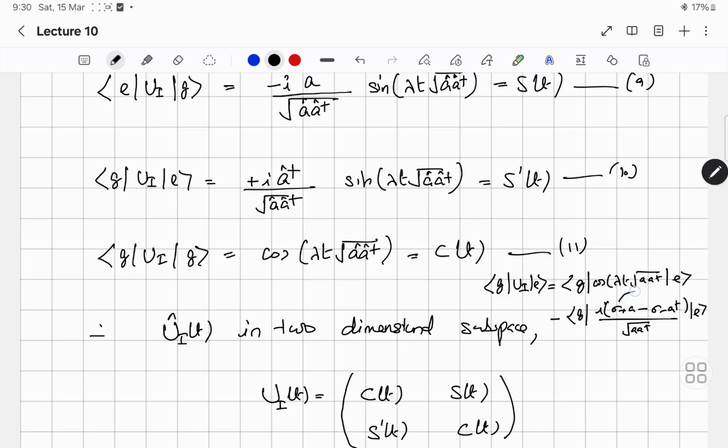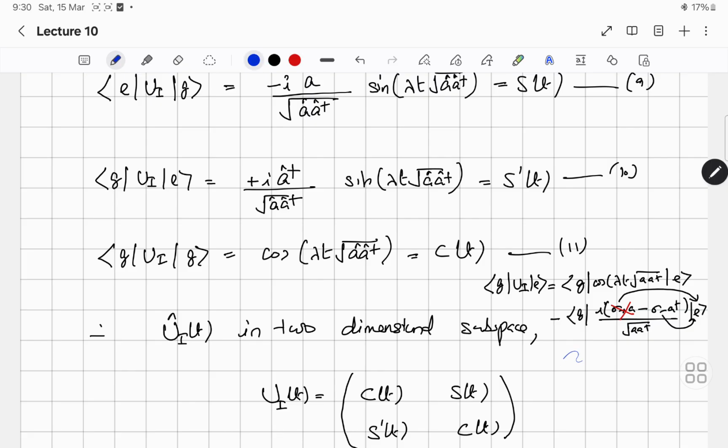So sigma plus acting on E will directly become 0, and sigma minus acting on E will become G, and the inner product <g|g> would be 1.